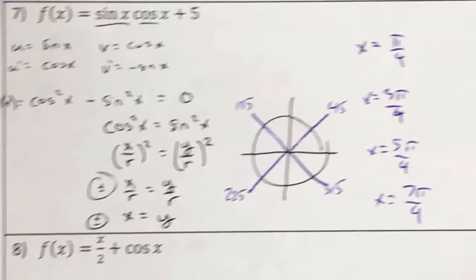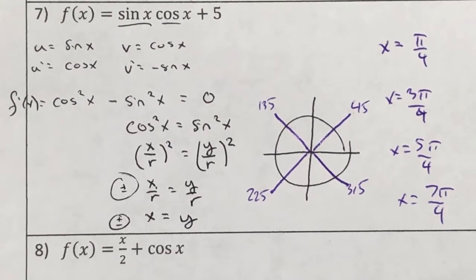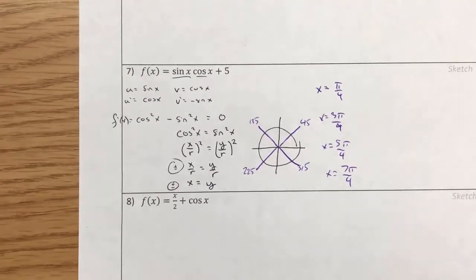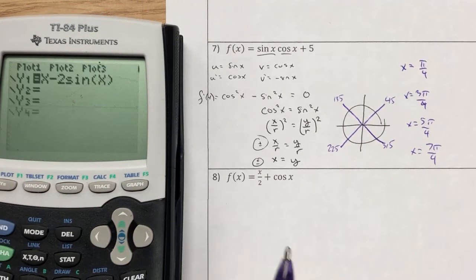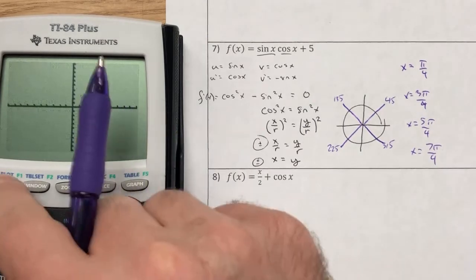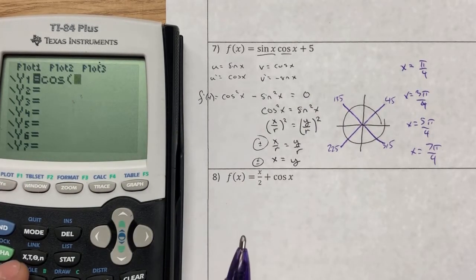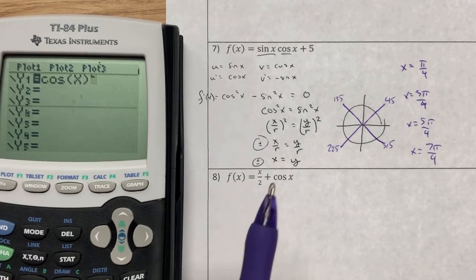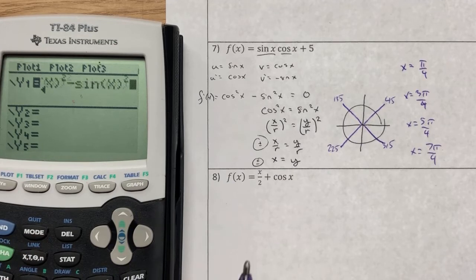So let's go ahead and we're going to plug this into our graphing calculator, and we're going to sketch the curve. So let's clear this and reset our zoom. So we have cos of x squared minus sine of x squared.